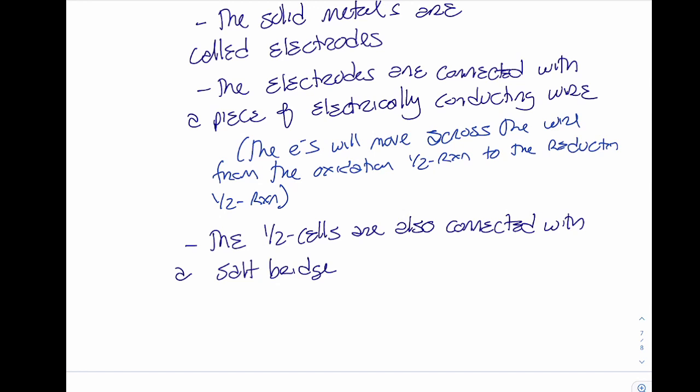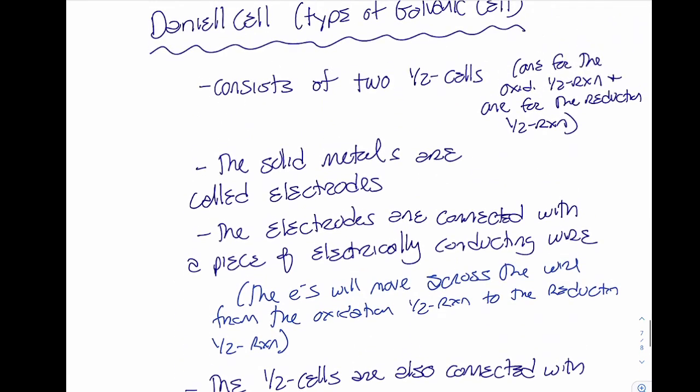So it contains an ionic substance, and its purpose is to keep our solutions neutral, right? Electrons are leaving one side, so it's going to become positive. It's going to the other side, which is becoming negative, and we need to have some ions to counteract that, to keep the solutions from becoming really negative or positive on one end. And I'll add more details here when we draw it out. But this is essentially what we're doing.